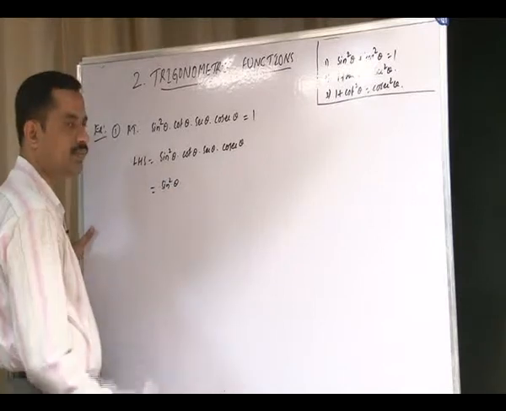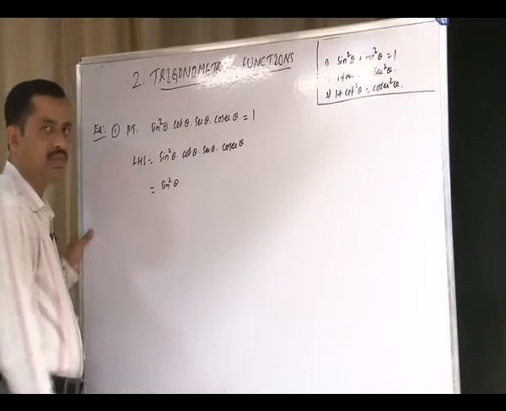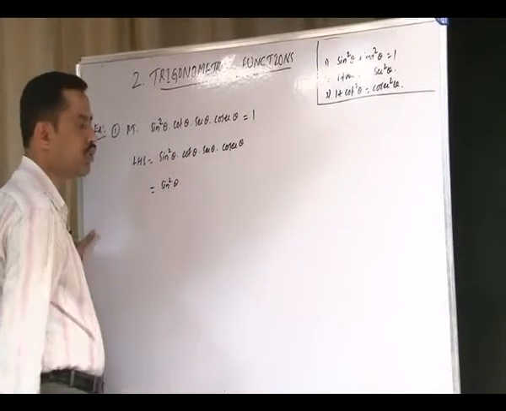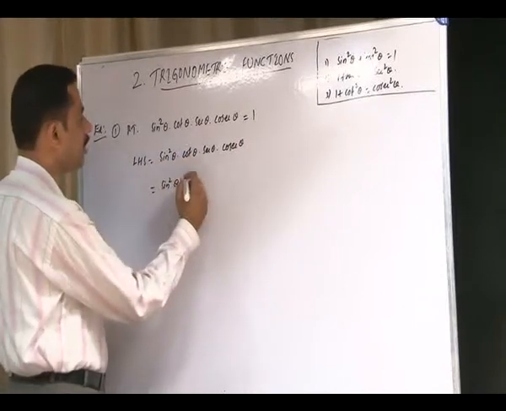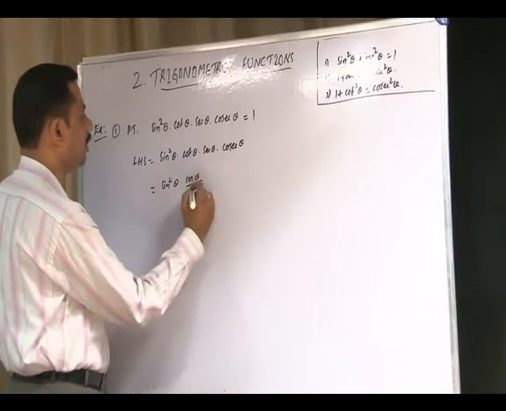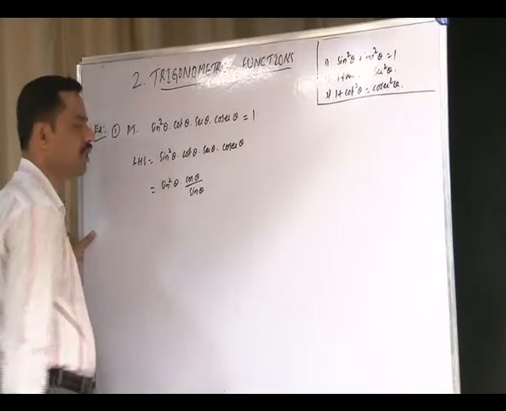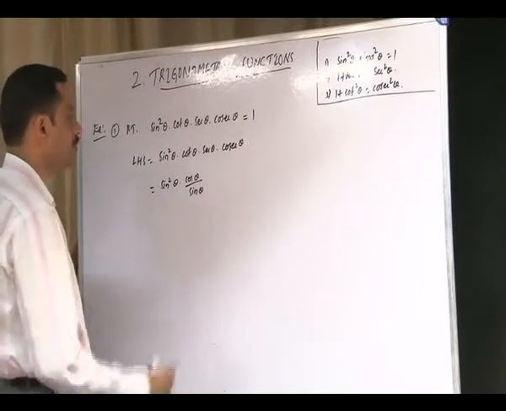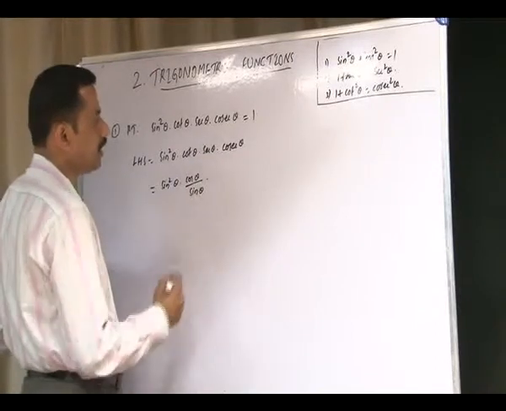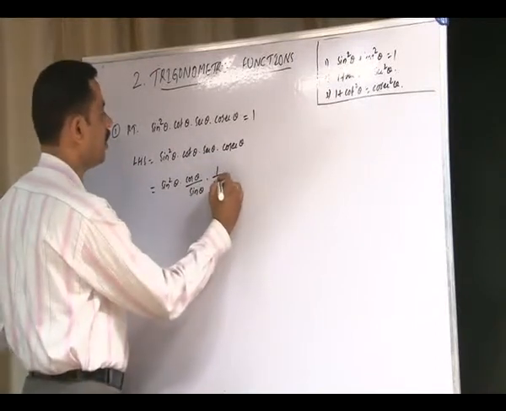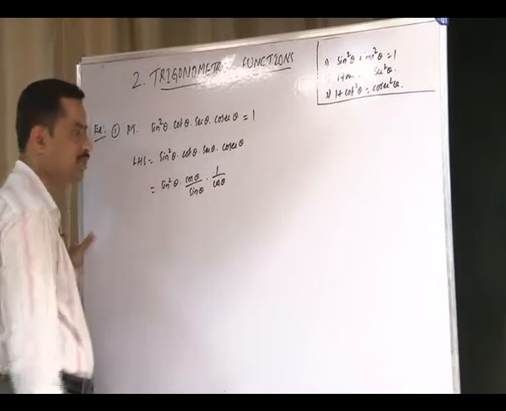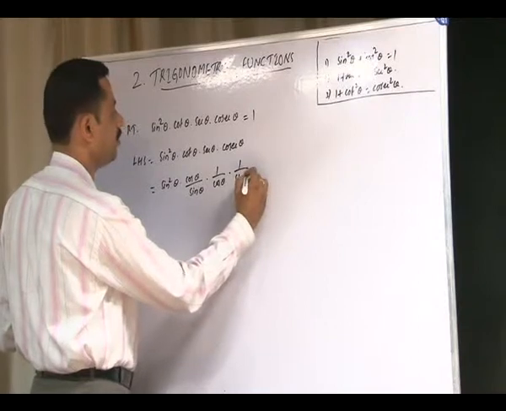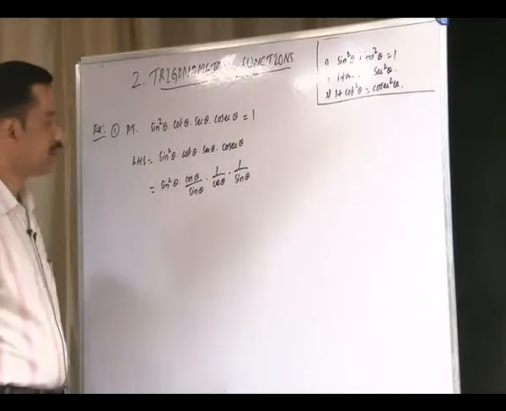Cot theta can be written, by using the quotient relation, as cos theta divided by sin theta. We know that cot theta is equal to cos theta by sin theta, according to the quotient relation, into secant theta. Secant theta can be written as 1 by cos theta, according to the reciprocal relation, and cosecant theta can be written as 1 by sin theta.